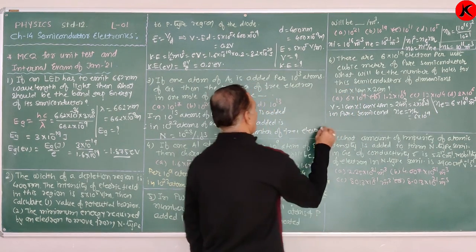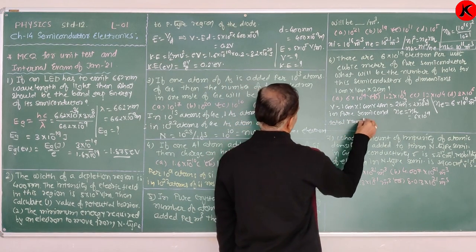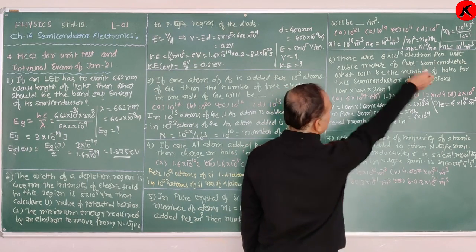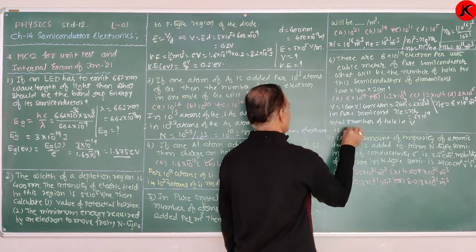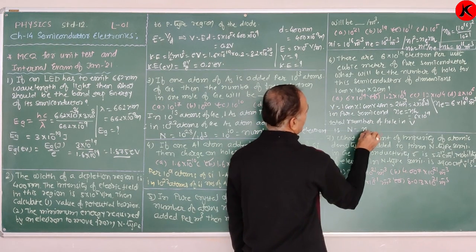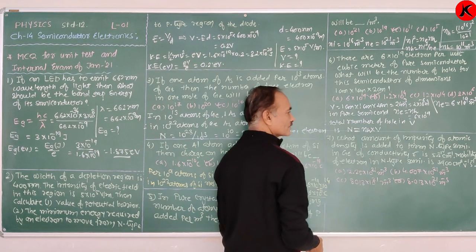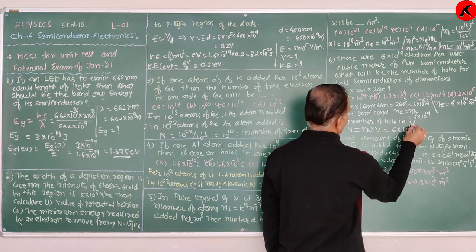Therefore, the total number of holes in the given dimension, in volume V, is N is equal to NH into V. NH is 6 into 10 is to 19.